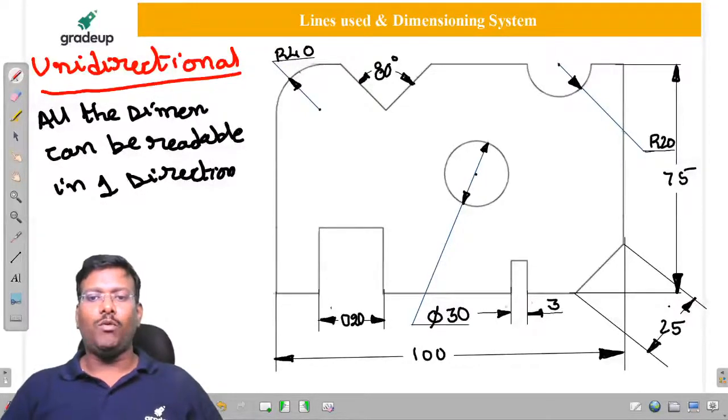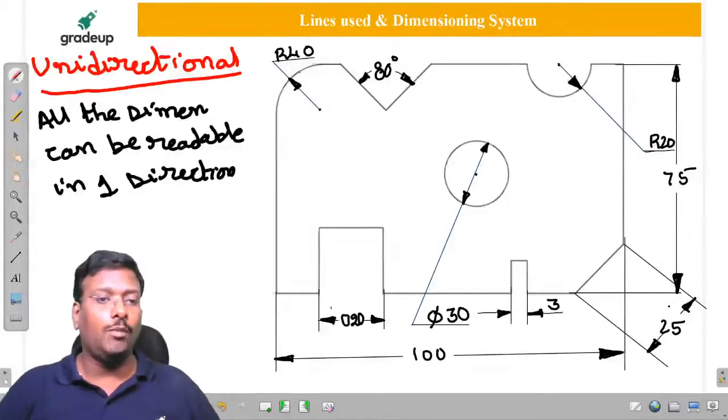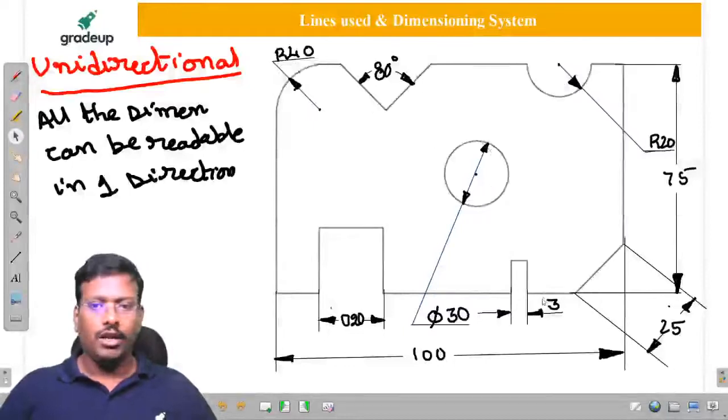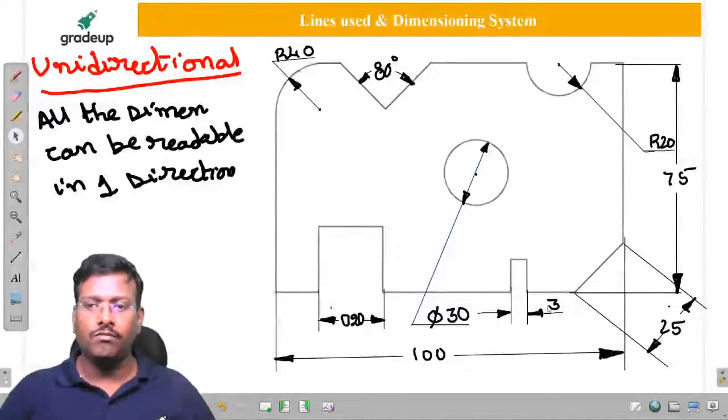20. And what about this one, sir? Is it right? No. The dimension should not be above the line. It should be beside the line.